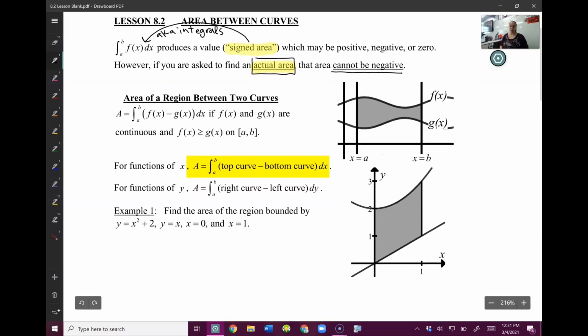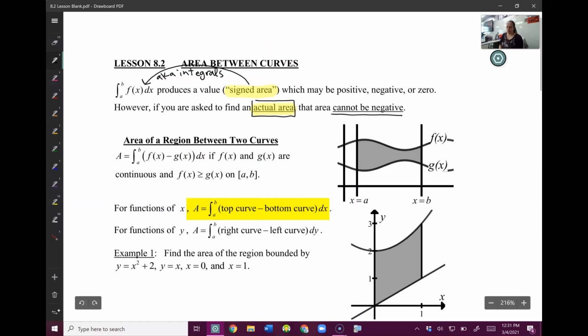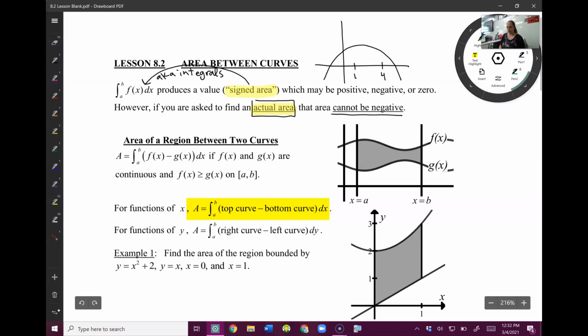Now let's talk about a new idea. So far at this point, we've been doing curves like this, and then having things like maybe this, and we wanted to find the area under the curve from one point to another. That's the kind of stuff we've been doing so far.